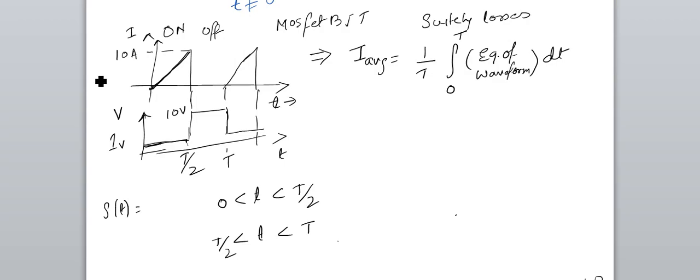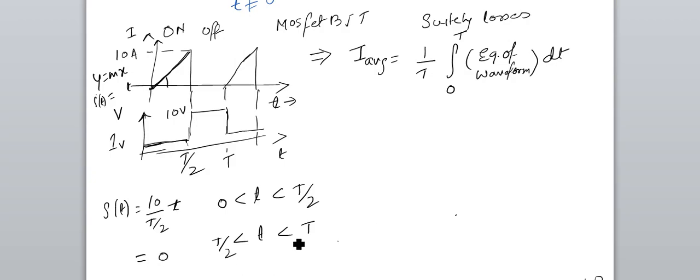On the y axis it's I, and on the x axis it's t, so it's I of t. What's the slope of this? The slope is height upon T by 2. So y equal to mx, and from T by 2 to total time T, the equation is 0.